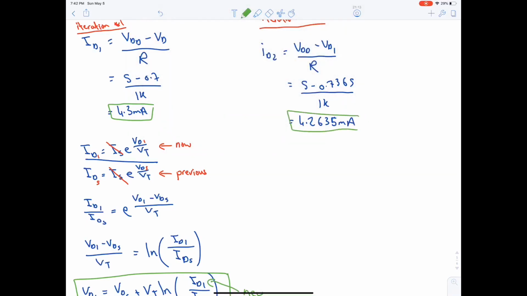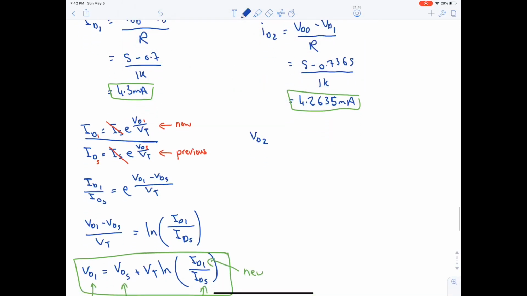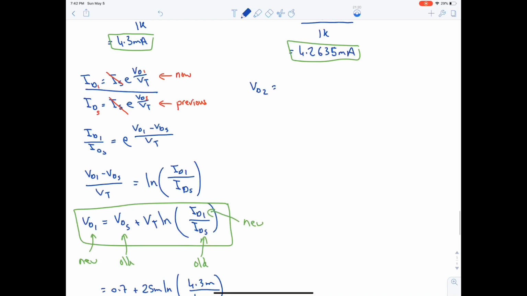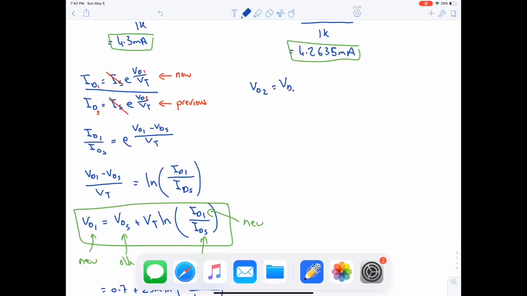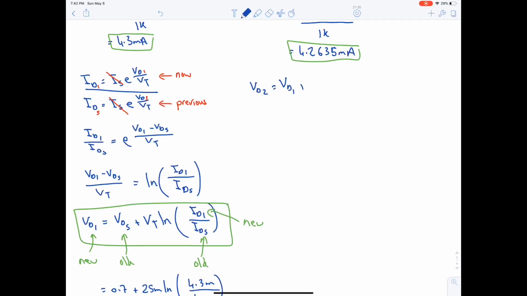Finding now VD2, it's equal to what? Let's use directly this equation. The old iteration now is VD1, plus VT ln ID2 divided by ID1, new versus old.